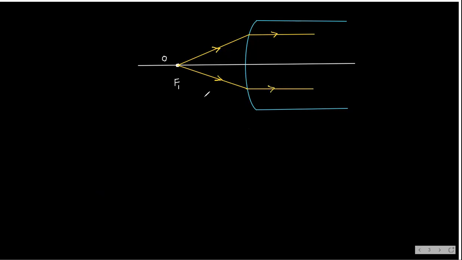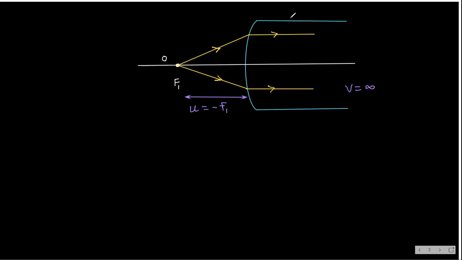Now F1 to this point, what is the distance? This distance, this is u. And this u is equal to minus F1. And here v is equal to infinity, because see, these rays are not meeting, they will meet at infinity. That's why the image will form at infinity.